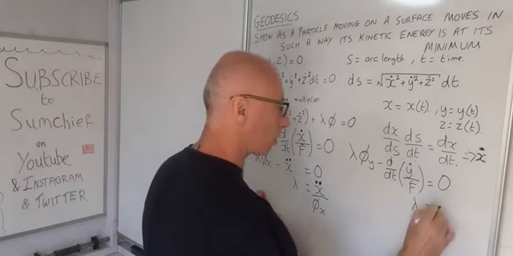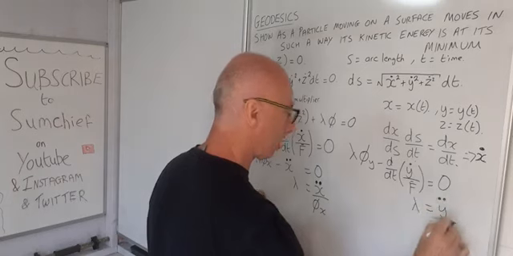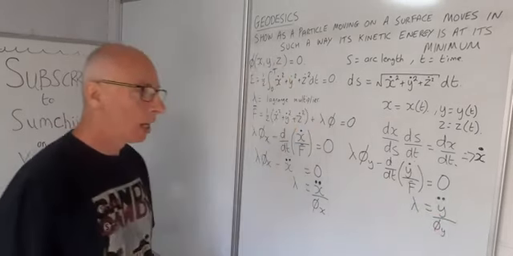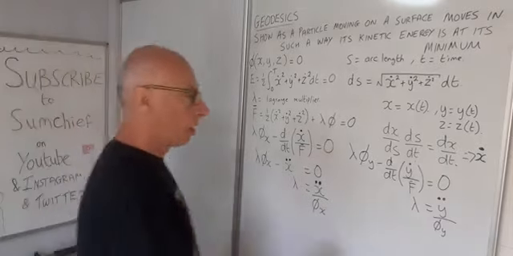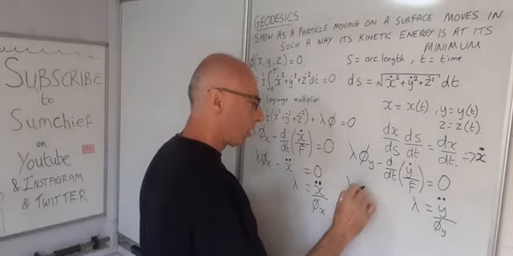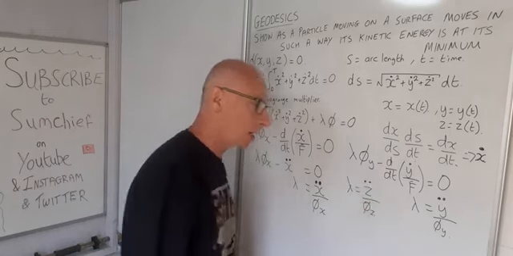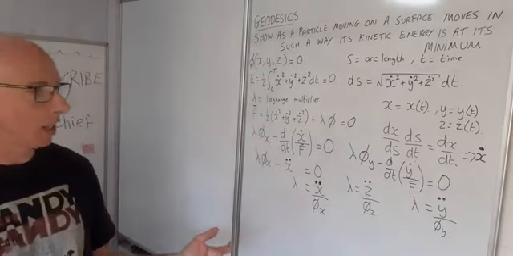So lambda equals y second parametric derivative with respect to the partial with respect to y, and you'll see the same with the other one. So lambda equals z double dot over the partial derivative of phi with regards to z.